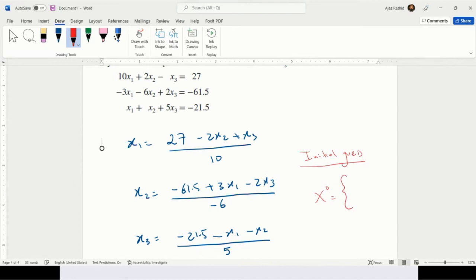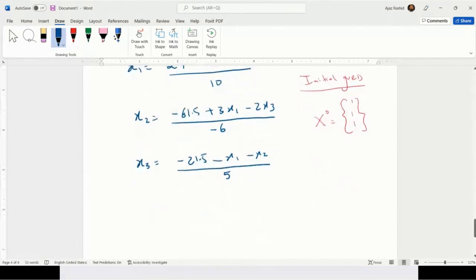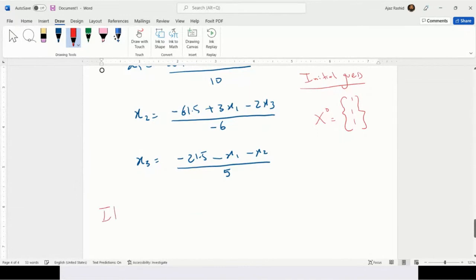We need an initial guess value. Last time we took it to be 0, 0, 0. This time I'll take it to be 1, 1, 1, so that we change, not every time have 0, 0, 0. Iteration number 1.